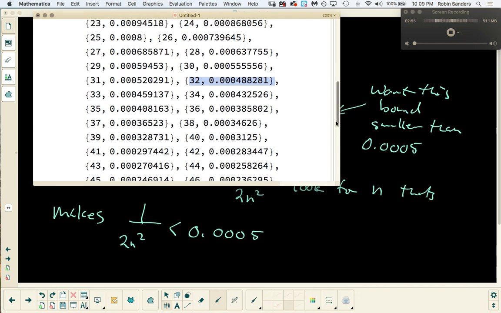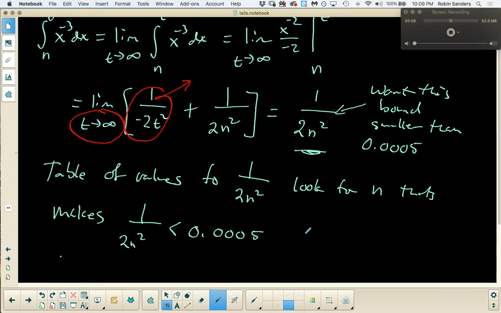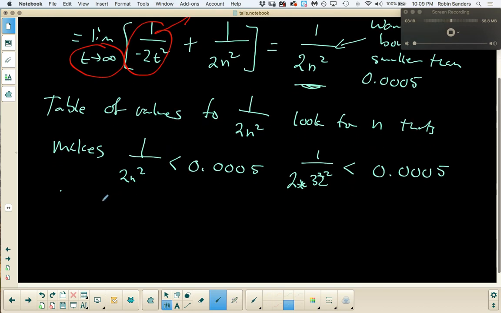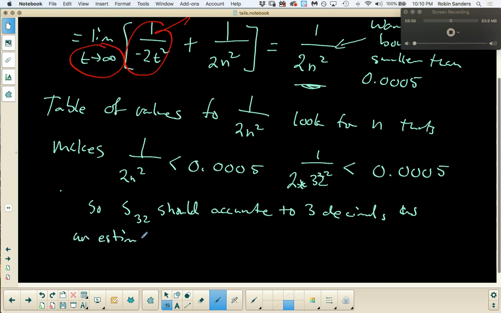So what does this actually say? Well, this says that 1 over 2 times 32 squared is smaller than 0.0005. And so that says that S32 should be accurate to 3 decimal places as an estimate for the entire p-series.